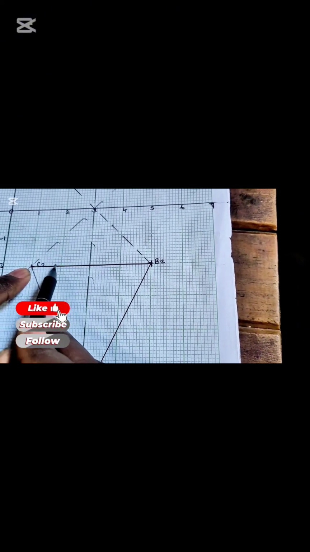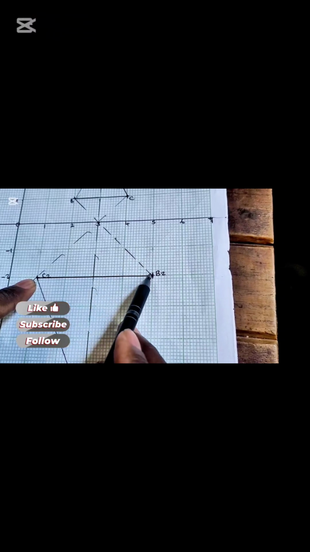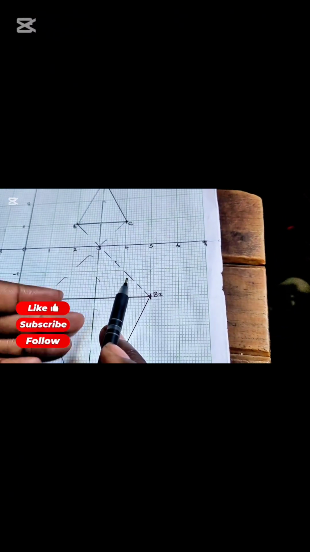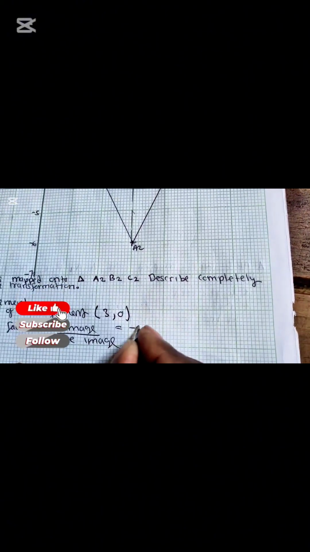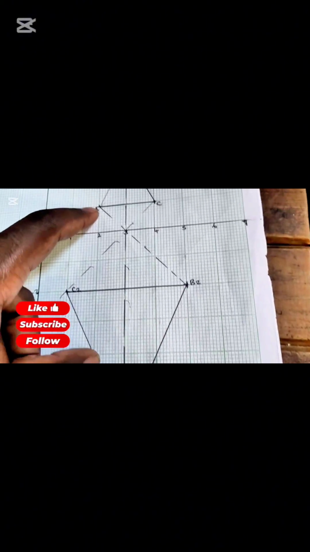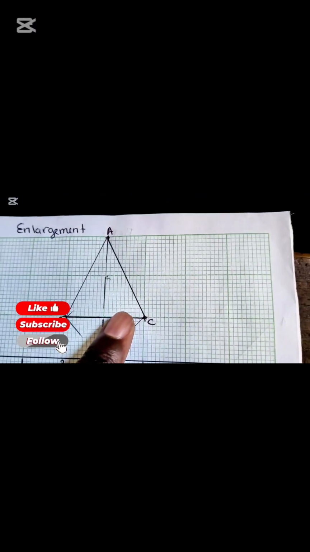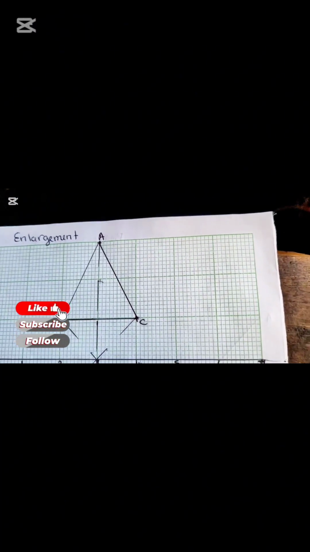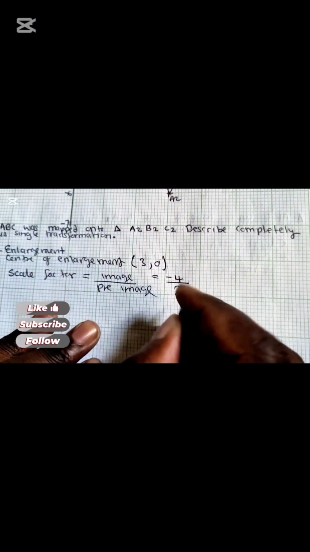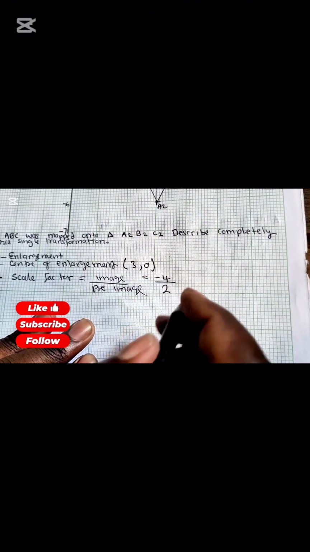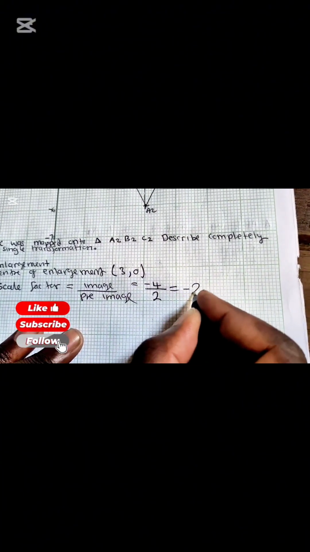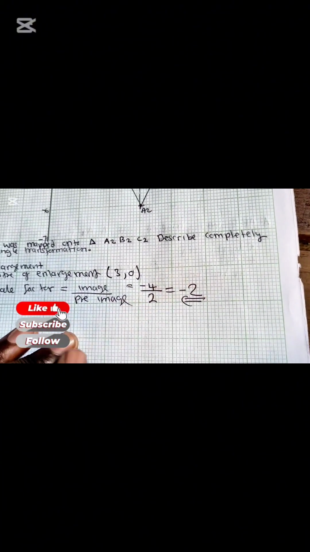There are 1, 2, 3, 4 boxes, and we are in the negative region, so it's -4. So image is -4 over pre-image. B and C, there are 2 boxes, so it's over 2, and -4 divided by 2 gives -2. That's our scale factor.